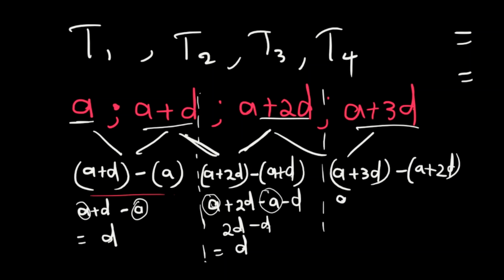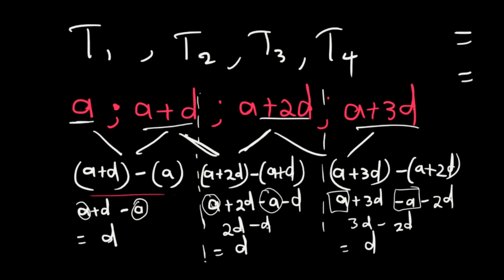And then here we're going to have a plus 3d minus a minus 2d, and then the a's will subtract, and then we have 3d minus 2d giving us d. So you can see that we are getting a common difference. We are getting d throughout.